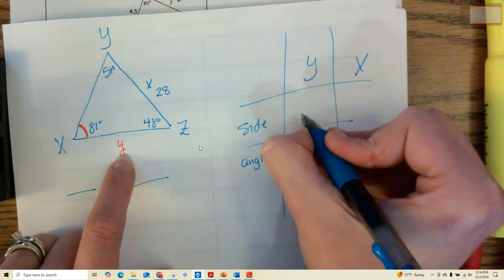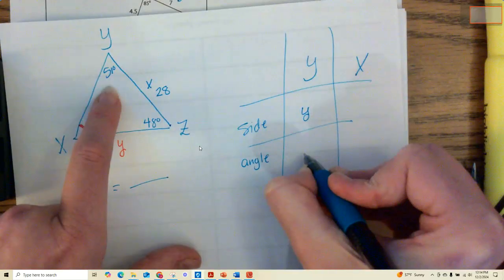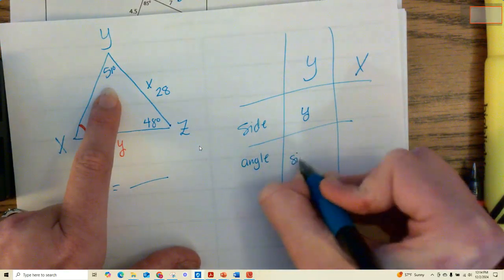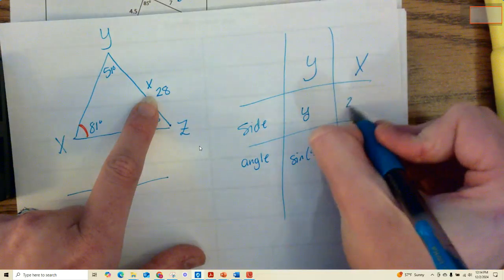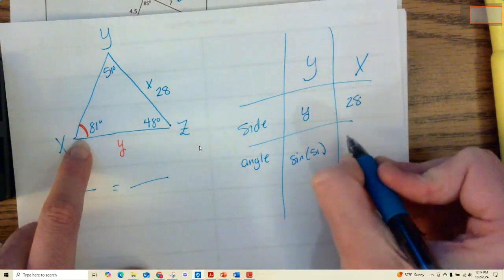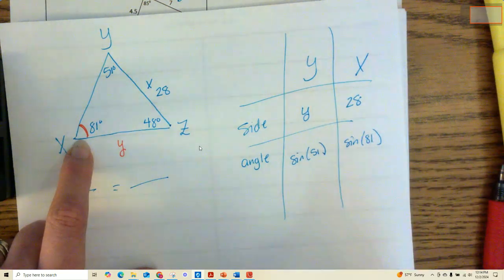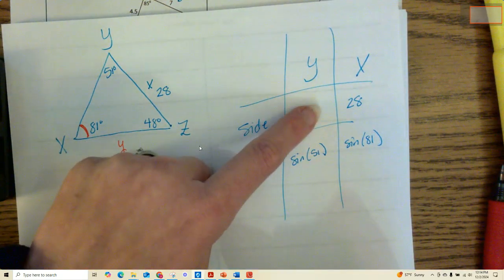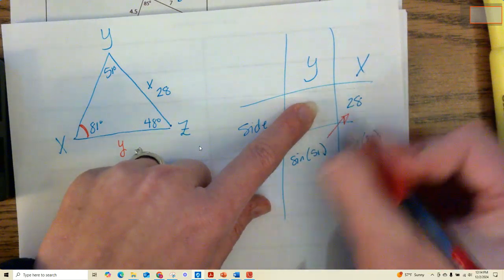So, we don't know what side Y is, but angle Y is 51 degrees, so we put it in the sine. Side X is 28. Angle X is 81. So we don't use this piece. That's what we're looking for. Cross multiply, always corner to corner.